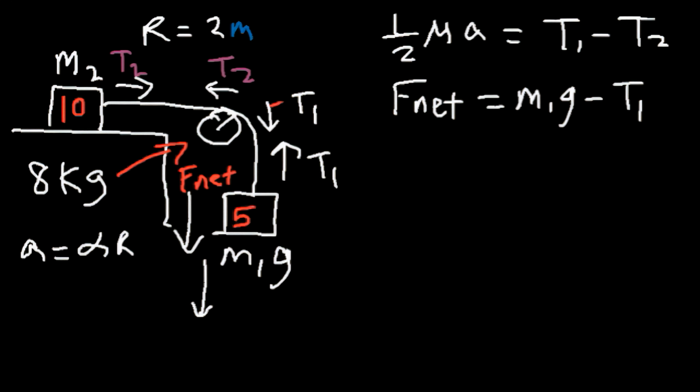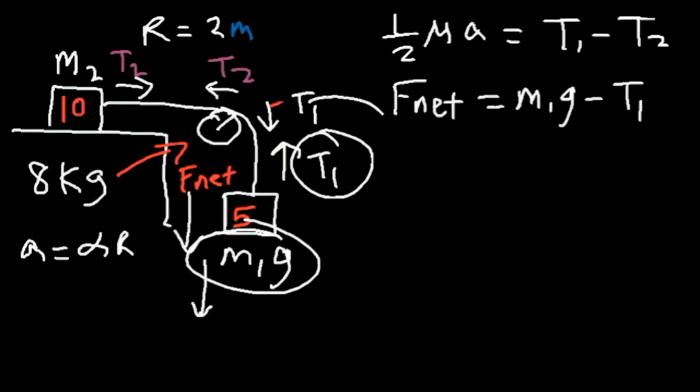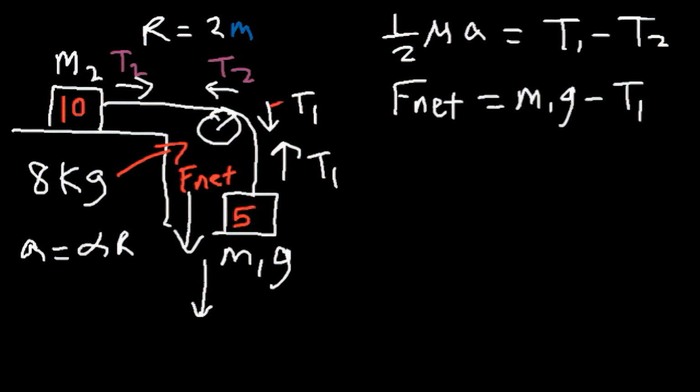All I want to calculate is the magnitude of the net force. Now I know that the weight force, m1g, is larger than the tension force T1 because the whole system is going to accelerate in that direction. So I want a positive value for the net force. So I took the larger weight force and subtracted the smaller tension force T1 to get a positive net force. Now the net force is always equal to ma based on Newton's second law.